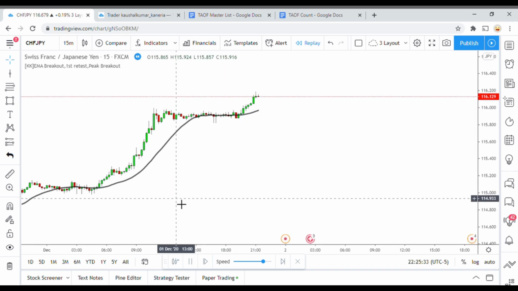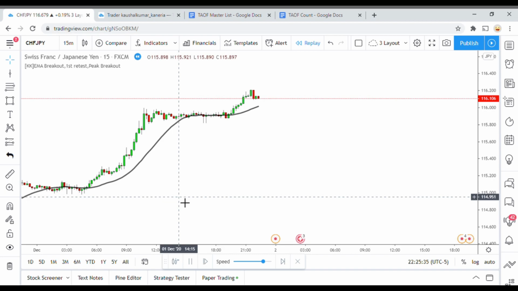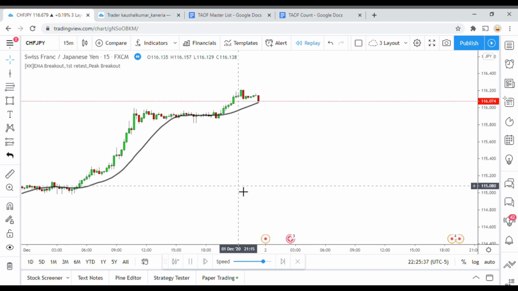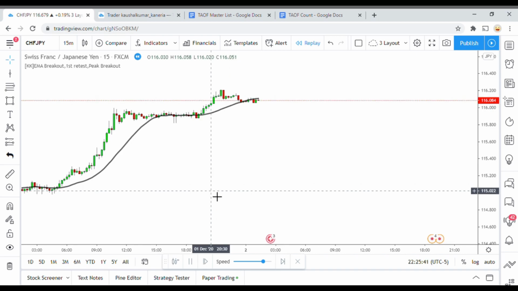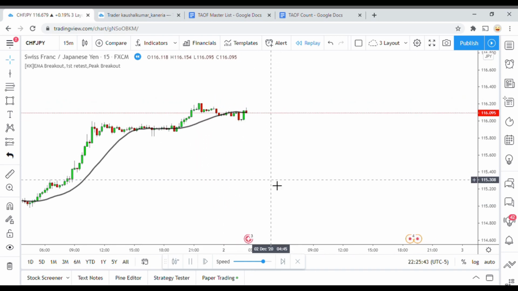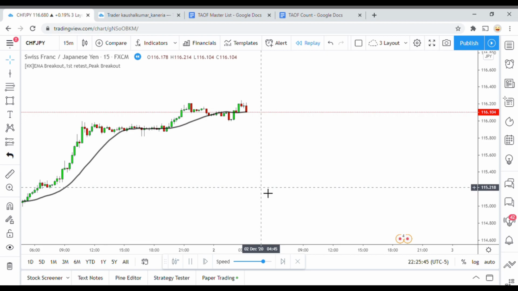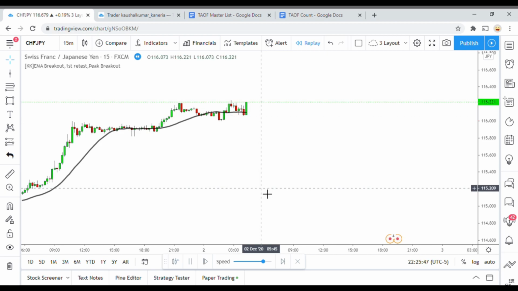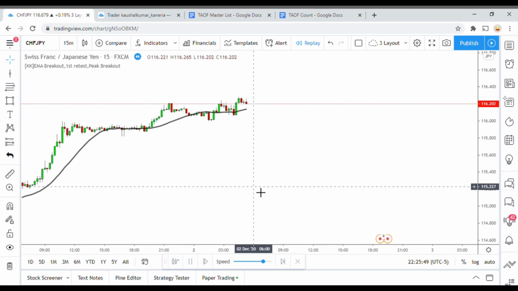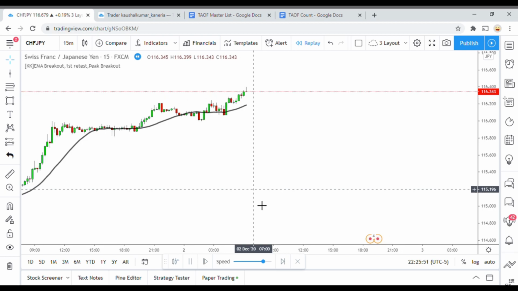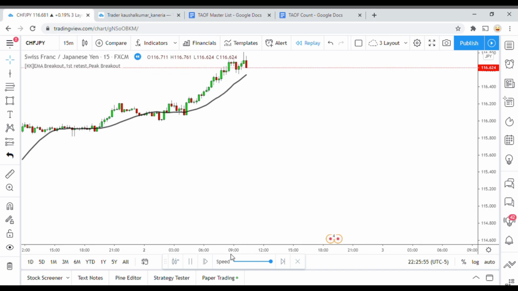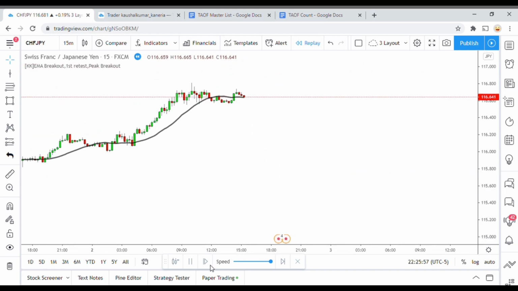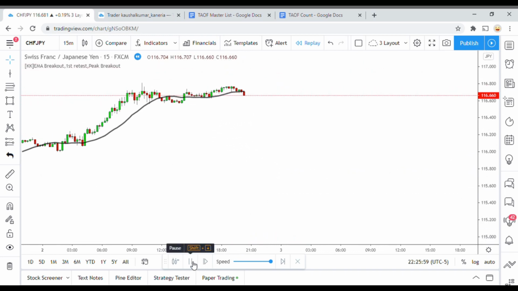I have no idea where we are as far as a date. Looks like December 1st, roughly, of this year, 2020. And so play it forward here. Let's bump up the candle speed a little bit more.